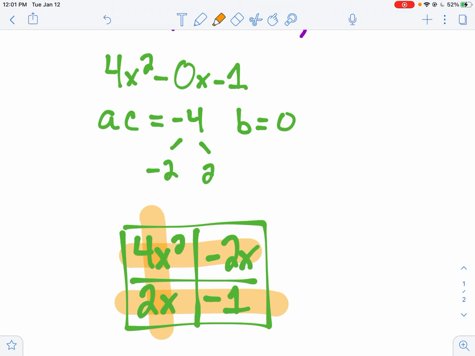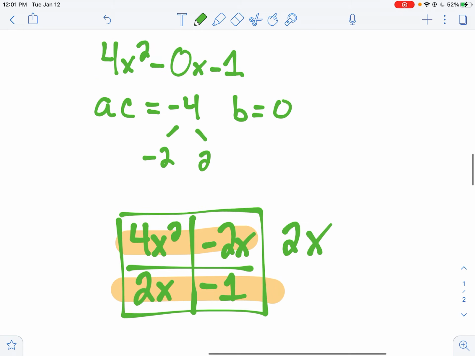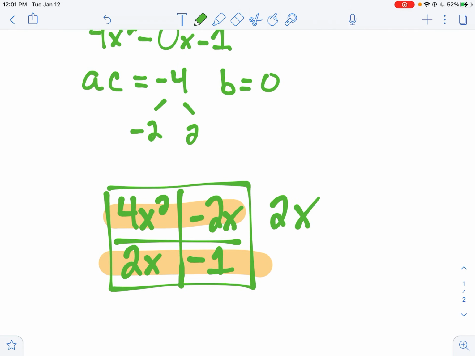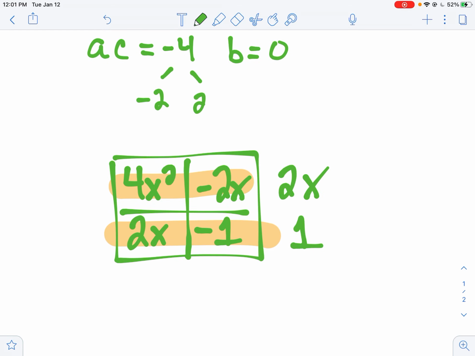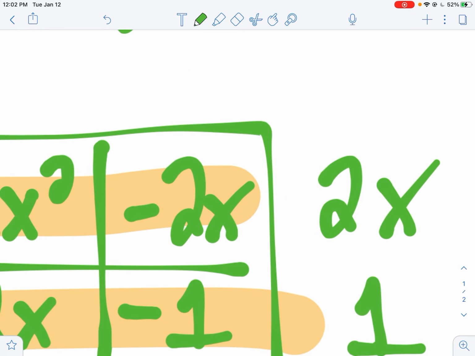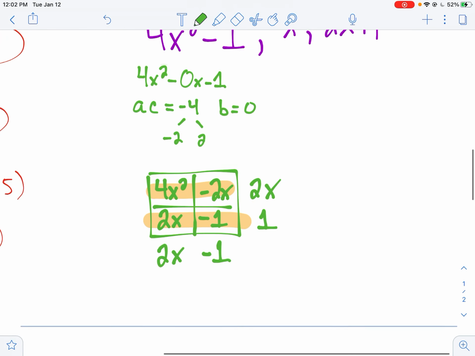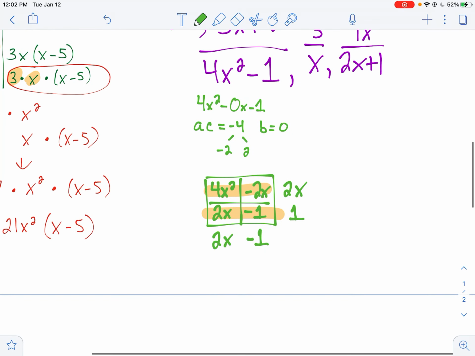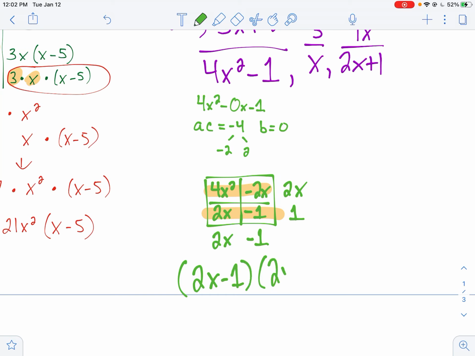Going across, 4x squared and negative 2x share 2x as a common factor. 2x minus 1, they share 1 as a common factor. 4x squared and 2x again share 2x. Negative 2x minus 1, they share negative 1. I remember that's negative because our first term is negative. So if I want to break this up, I get 2x minus 1, 2x plus 1.